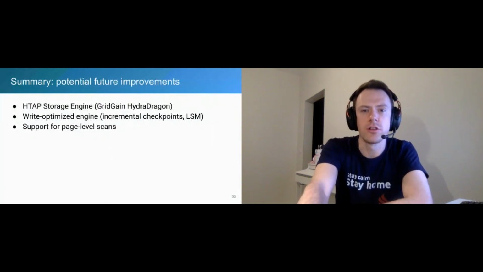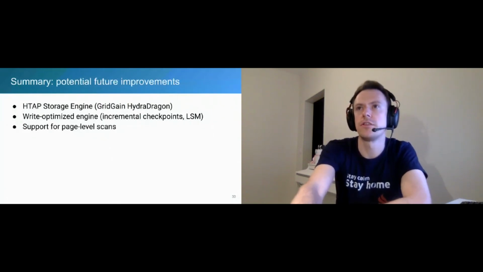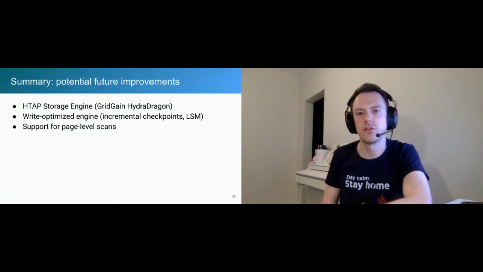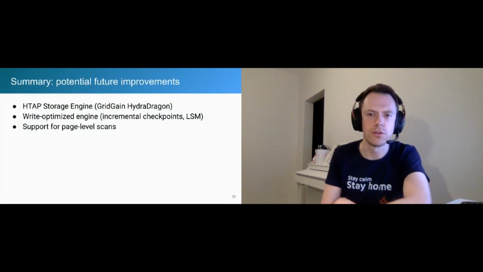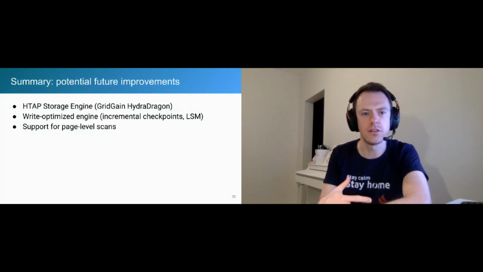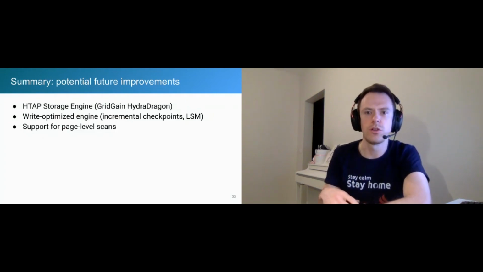As for potential improvements that can be implemented or are already planned for Ignite, there is a stream of development that aims to support hybrid transactional and analytical processing, which will not suffer from these random accesses and will read data very efficiently.